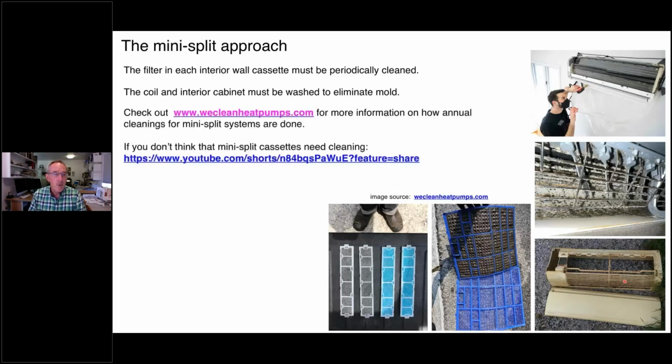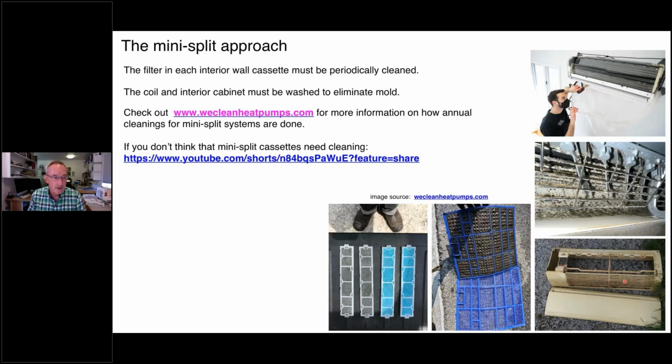And I put a couple websites down here for you to check out. There's actually a website called WeCleanHeatPumps.com. It's a franchise that is developing now, and their sole purpose is to clean these units. Now, they do clean other equipment as well, but they were founded based on cleaning ductless split systems.